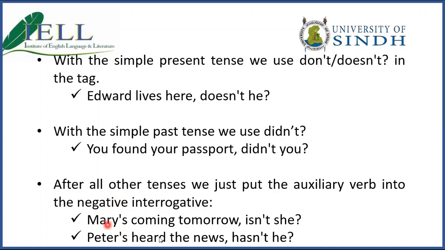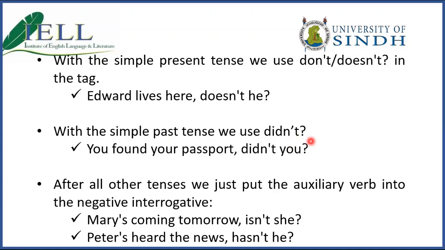So whatever the auxiliary we would have here, okay, Mary is coming tomorrow, isn't she? Okay, he has heard the news, hasn't he? So here if we have has, we will just put it here, hasn't, and make it a negative contracted verb and then the same pronoun. Okay, I hope these things are clear.